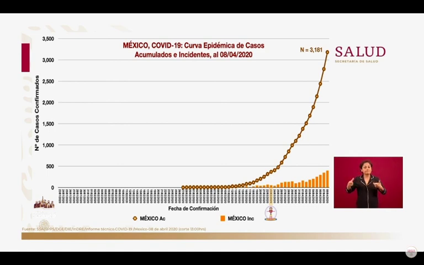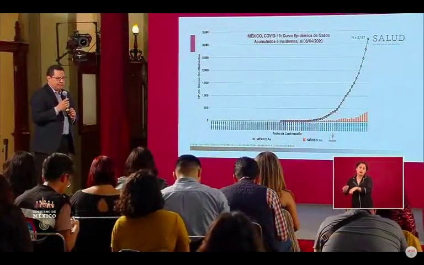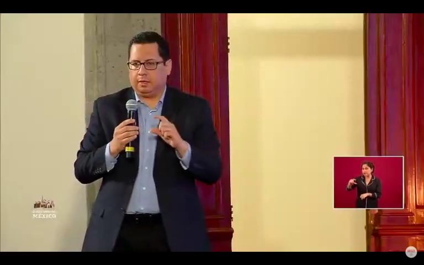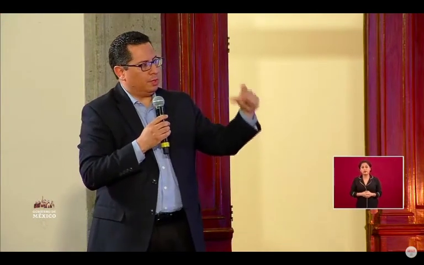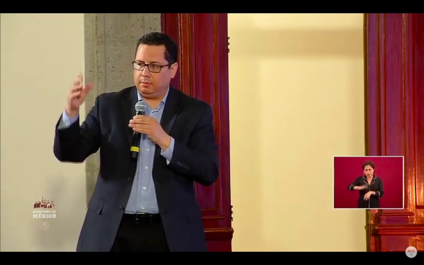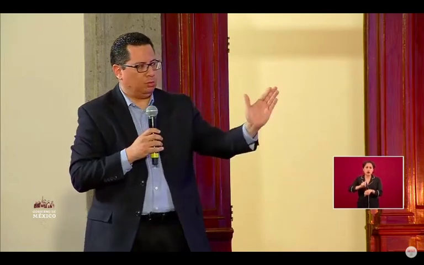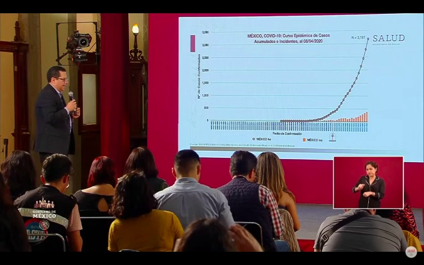So of course we are accumulating an ever greater number of cases, and on the orange bars we can see the amount of newly confirmed cases per day as they have been presenting. So in both scenarios we are seeing an upward trend, even though we haven't quite reached an exponential growth rate, but we are looking at an upward trend.